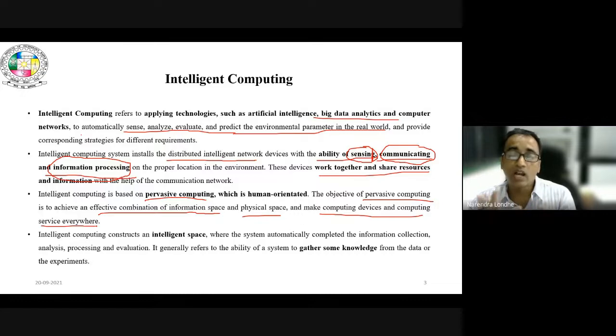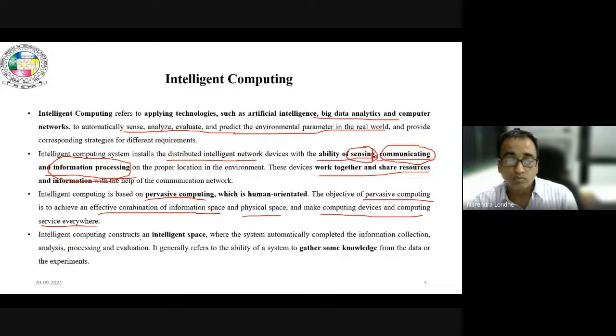The car actually senses, and there is an AI based system, and according to the sensor's input, it takes a decision to divert from right to left or left to right automatically. For doing that, it requires information space, physical space, computing devices, and computing services everywhere, right?